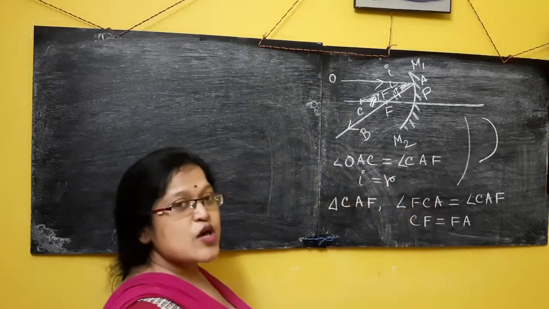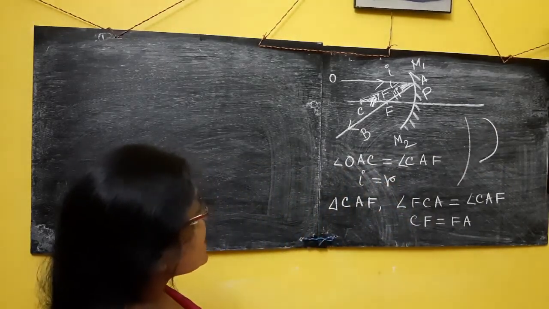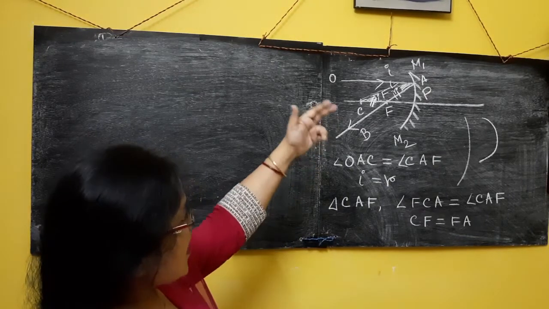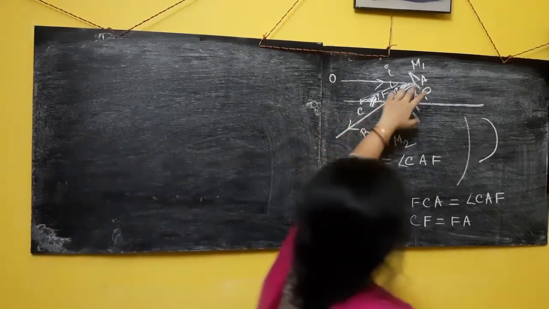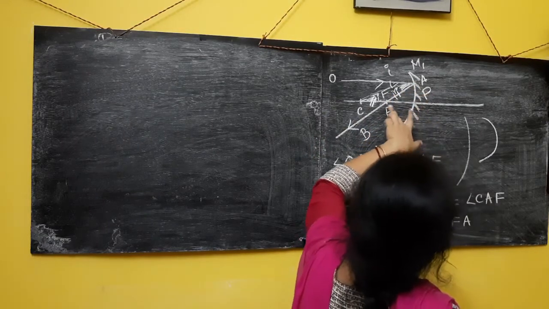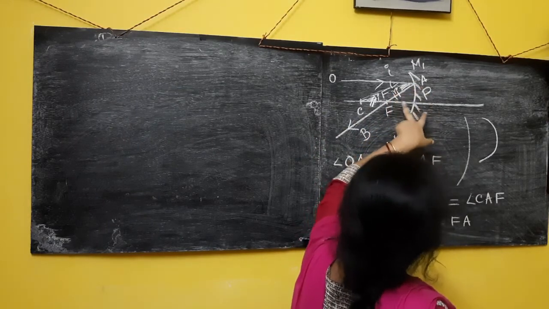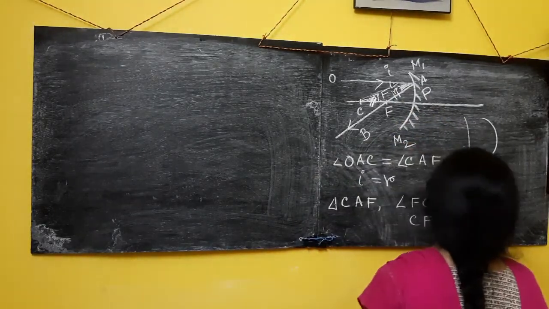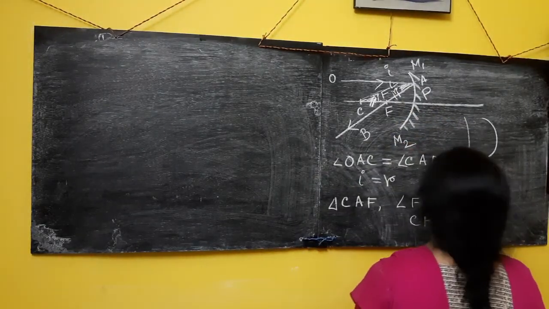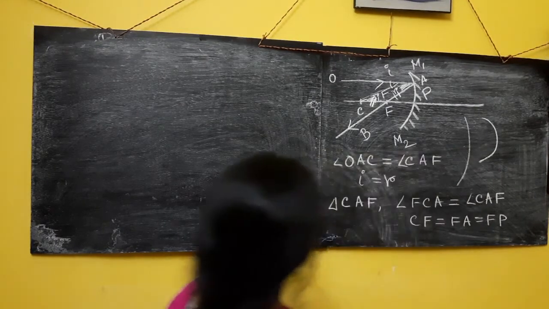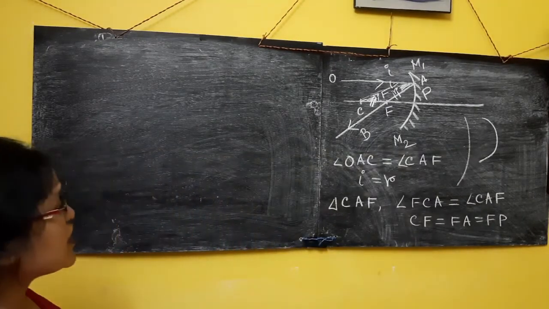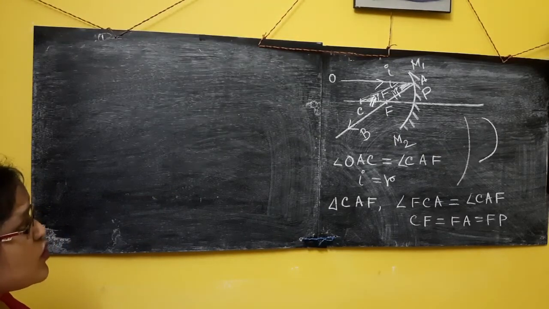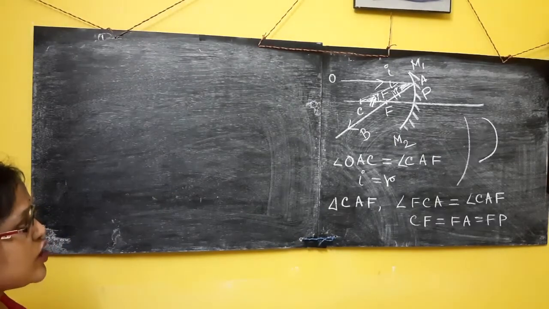The points A and P are nearly close to each other, so FA and FP are both the same. So CF equals FP. Clear? CF equals FP, no confusion up to that.